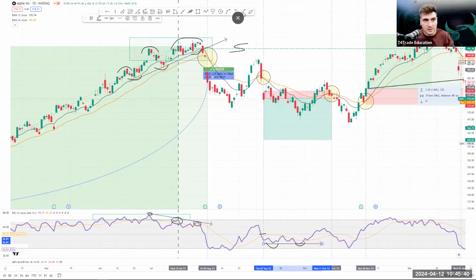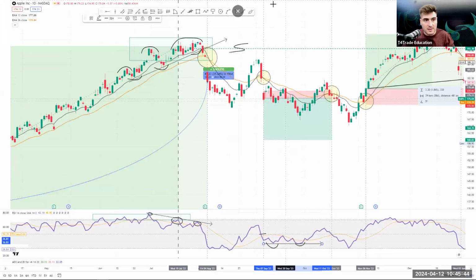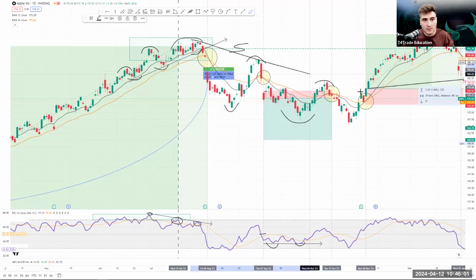And something else to look at is that the prior price action did this. So fresh low, okay, lower high compared to this, lower low, and lower high. So obviously it's moving downwards. This is the intermediate kind of trend.